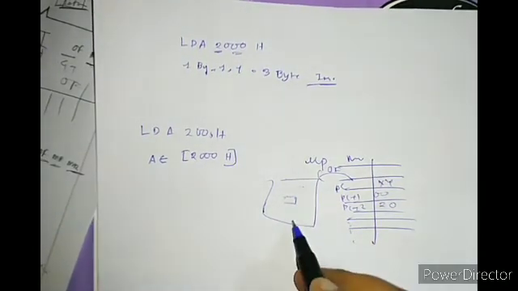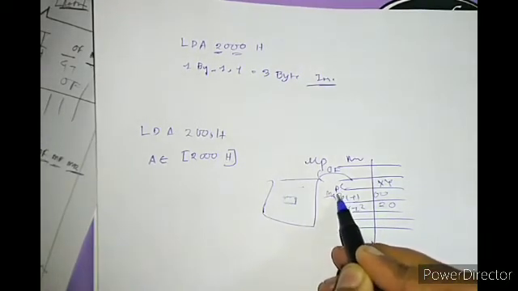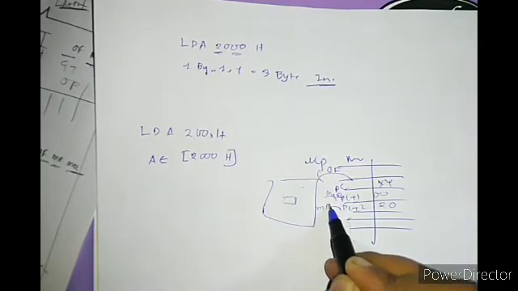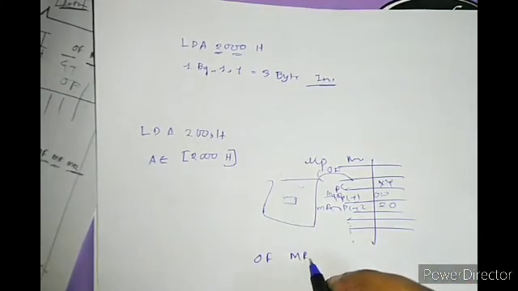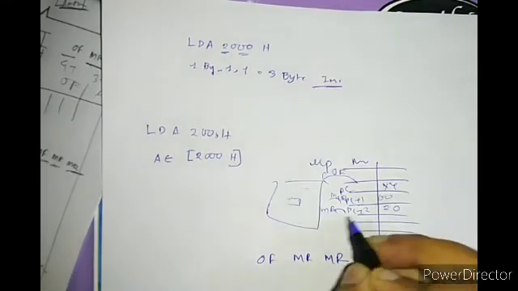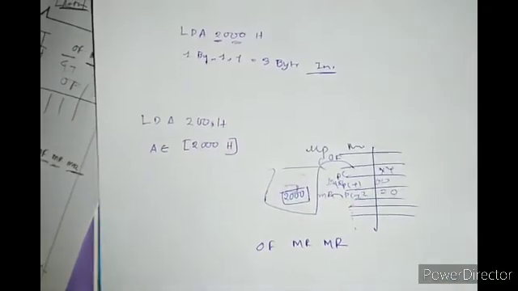When μP is getting data from memory, then it's a memory read. So OF, MR. Now this gets 2000. We get this address.